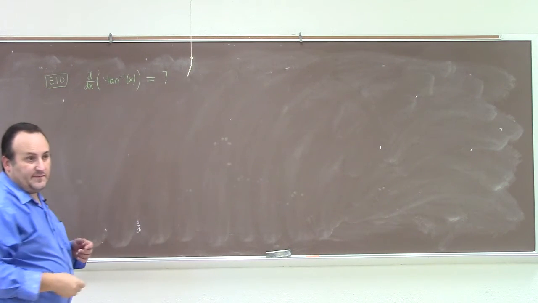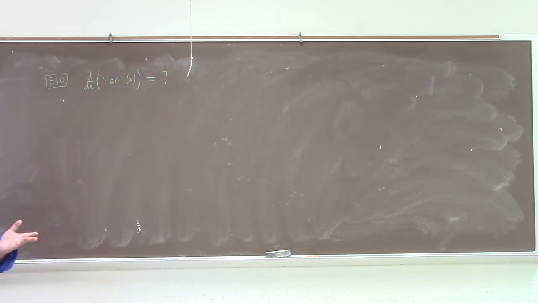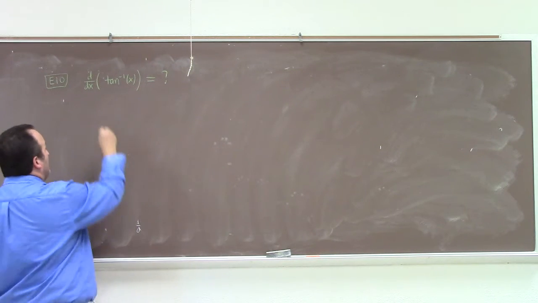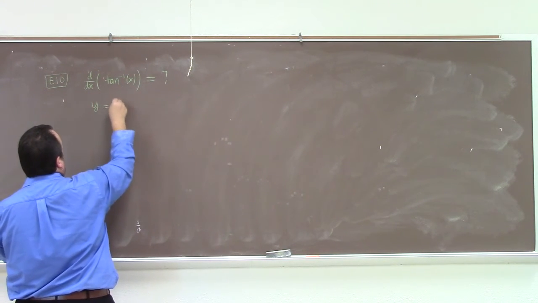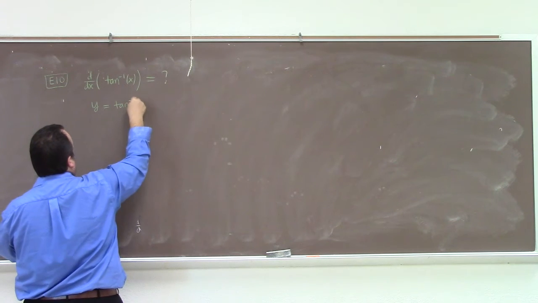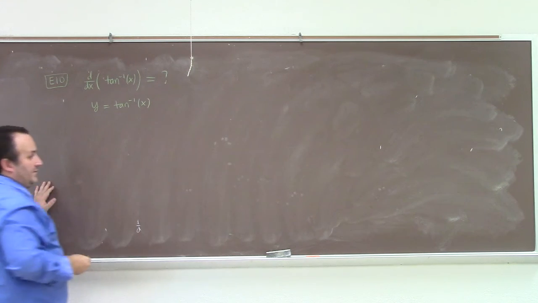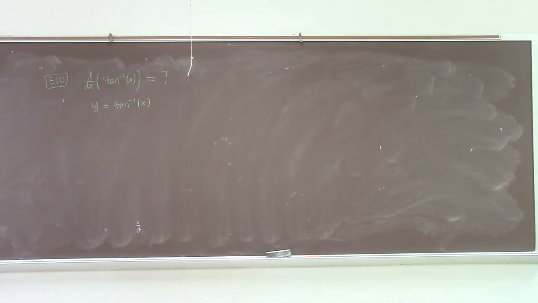All right? So here's the technique. You write y equals inverse tangent of x. Now then, what happens if we take the tangent of that equation?